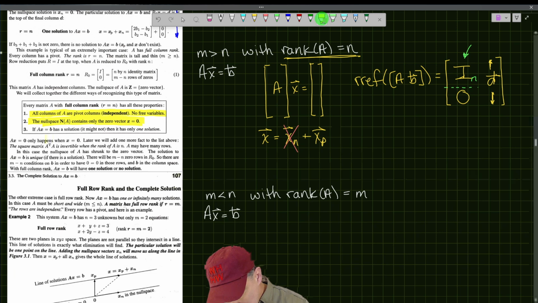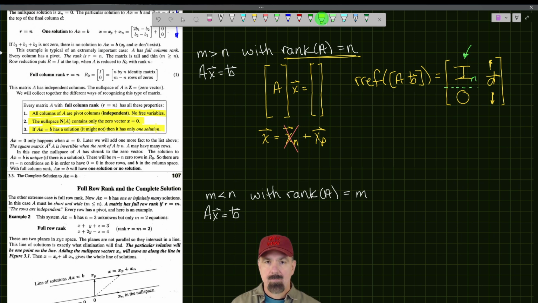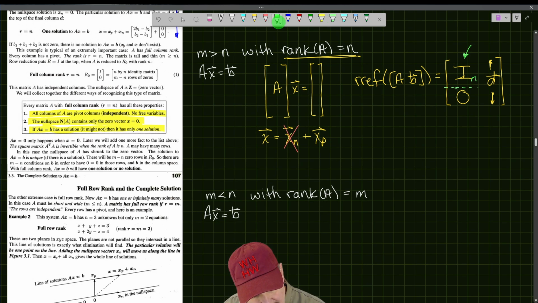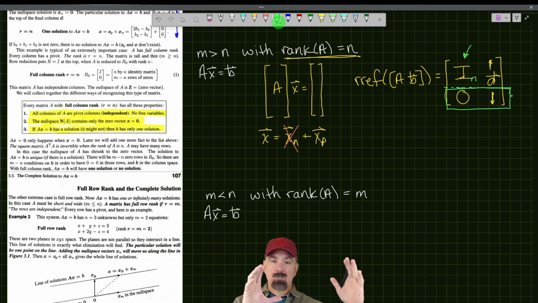Then finally, what he talks about is we have a unique solution if we have a solution. And the point about if we have a solution is easy to see from the picture. Notice what we have down here. We have the bottom part of D, and we have zeros.